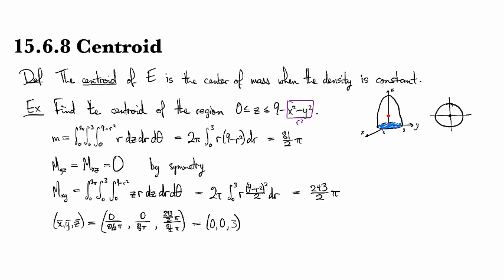Okay. One last thing. If you're paying attention, back when I was doing the mass here, I said we have a constant density, so let's just take it equal to 1. Maybe you were wondering, hey, why can you do that? Well, suppose the density was not 1, but it was equal to c. So we've got some number c in here.